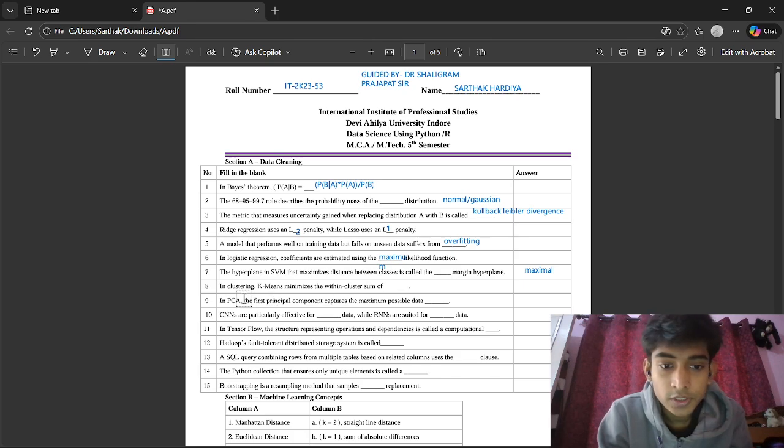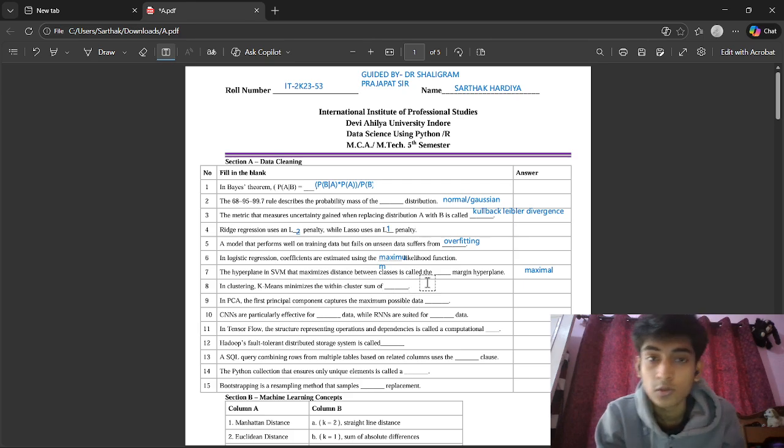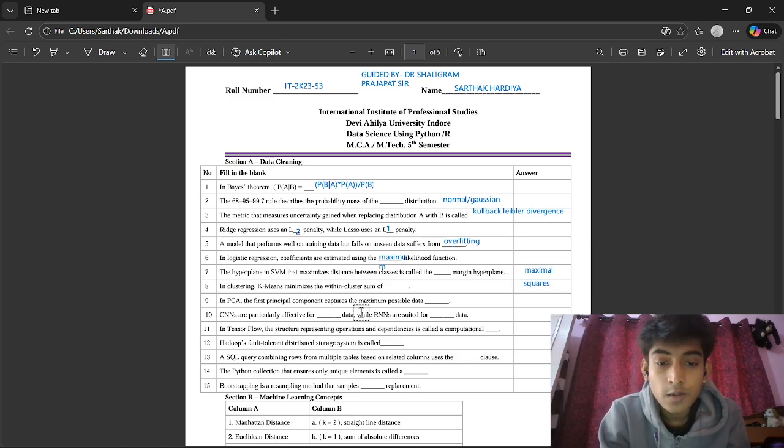Now, in the eighth question, in clustering, k-means minimizes the within cluster sum of dash. So in k-means clustering, we try to minimize the sum of squares. Answer would be squares. Next one, in PCA, the first principal component captures the maximum possible data dash.